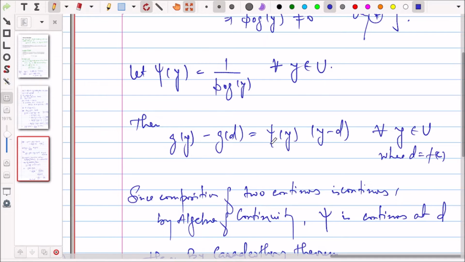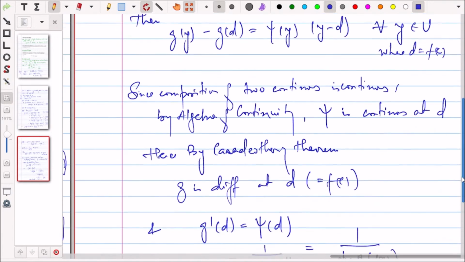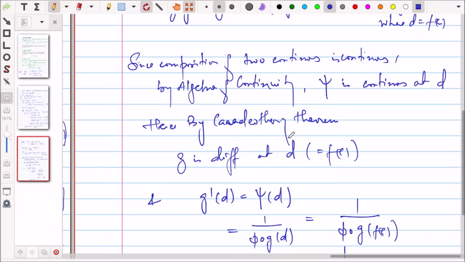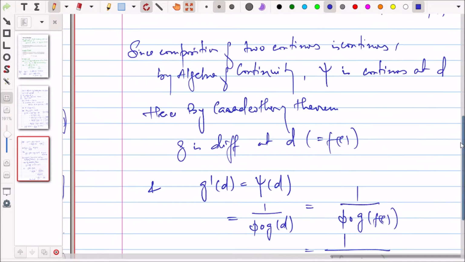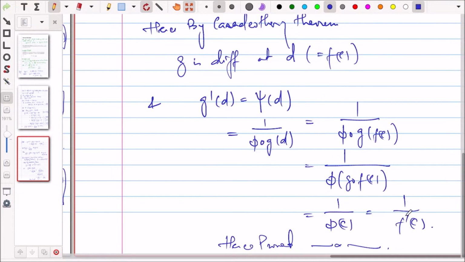So this psi satisfies the hypothesis of the Carathéodory theorem. So by the theorem, g is differentiable at d, and g dash d is equal to psi d, and psi d comes out to be equal to 1 by f dash c. So this completes the proof of our derivative of inverse theorem.